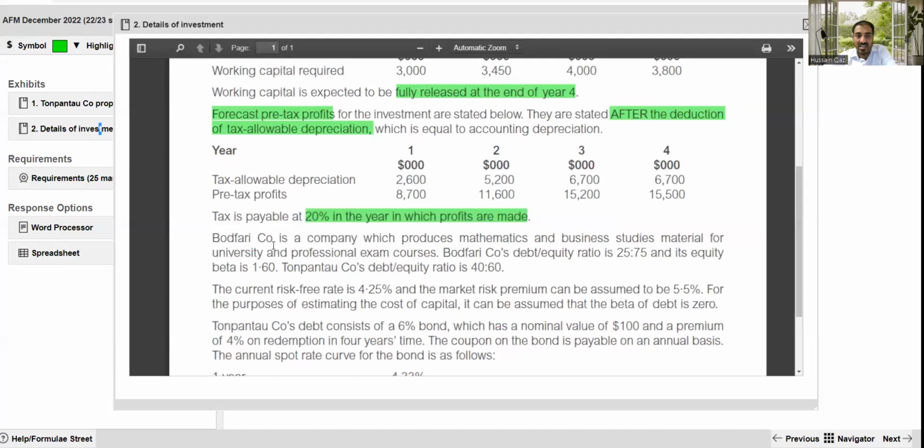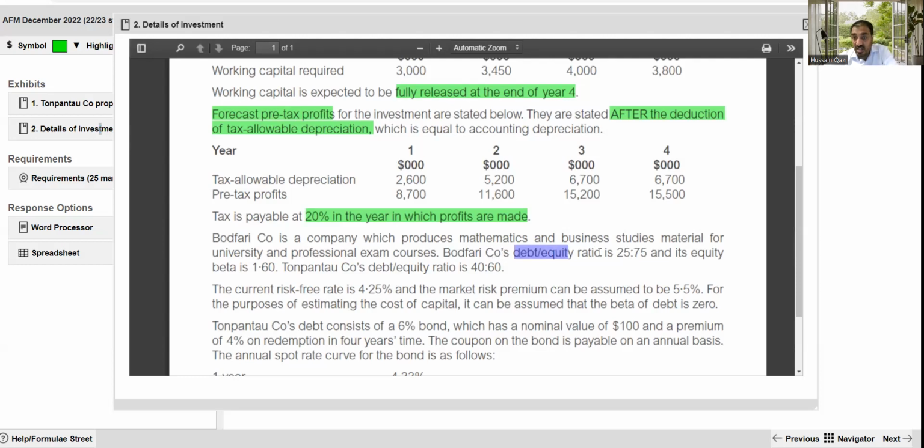Ferry Company is a company which produces mathematics and business studies material for university and professional exam courses. What is this about? What is the usage? It's something about a proxy, because we are the new entrant, we are entering a new market.